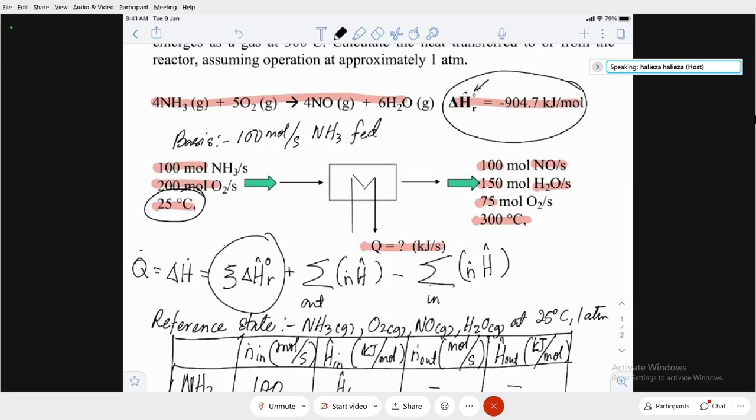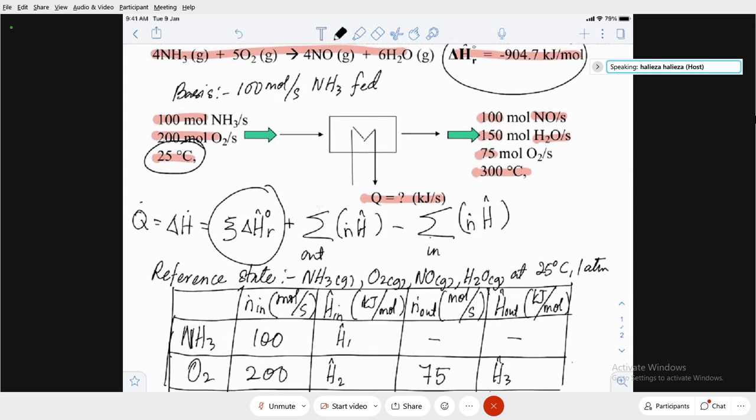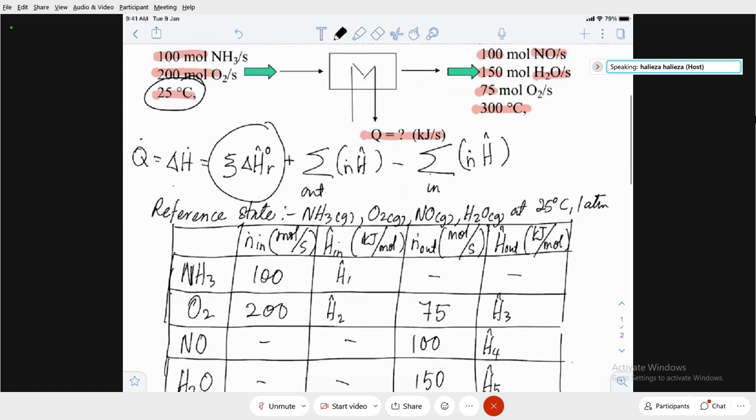When your reference state is at 25 degrees C, what do you think is the enthalpy of your component at inlet? 0. So this is going to be 0, because it's the same as your reference state. And I'm assuming that this is also at 1 atm.